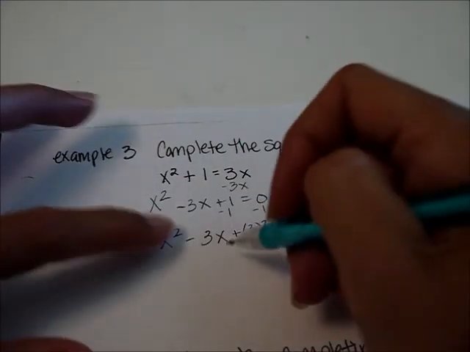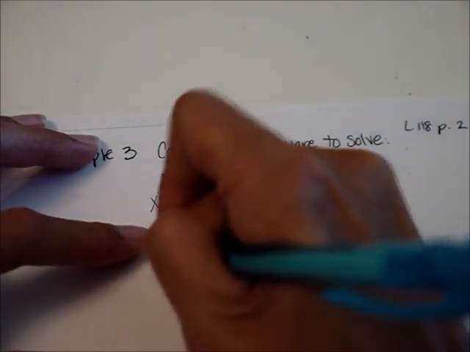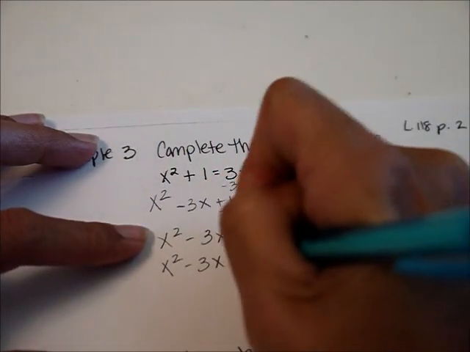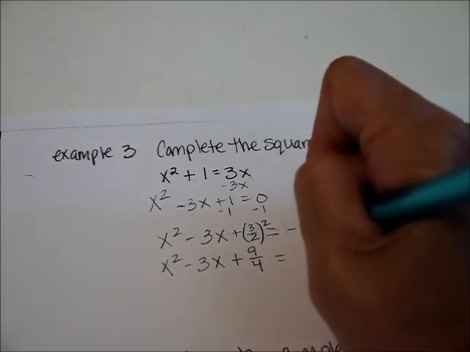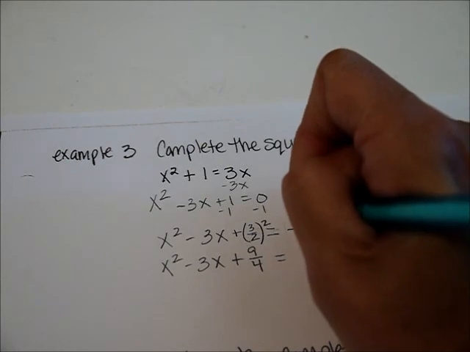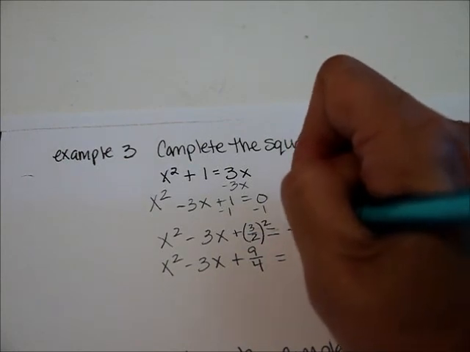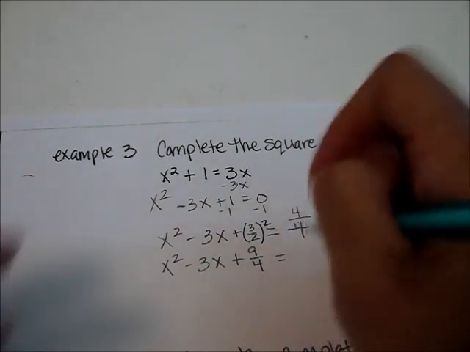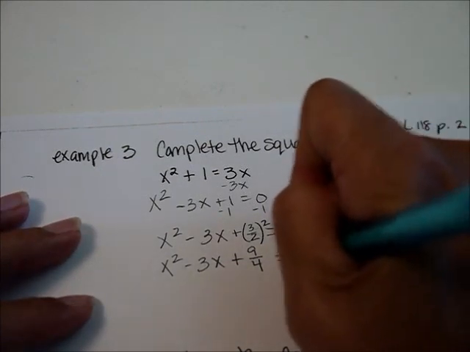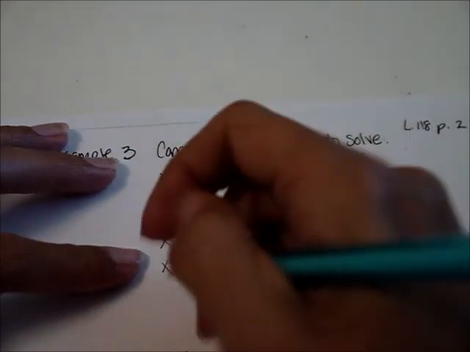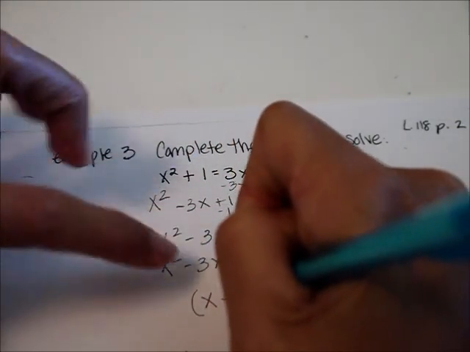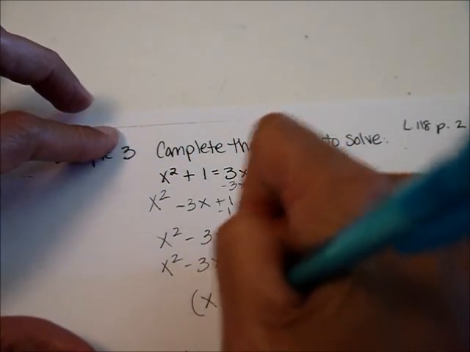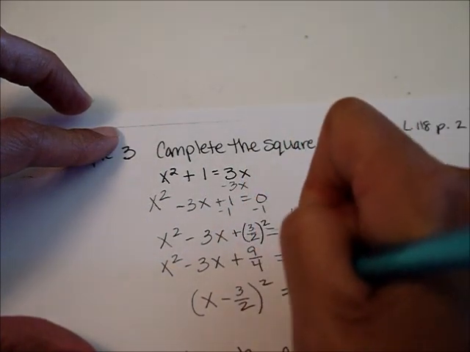Now, if it looks like this, and let's see, if I put this into -4/4, so that's going to be 5/4 on this side. And this turns into x minus 3/2. See, it's minus this time. Be careful of that. Squared equals 5/4.